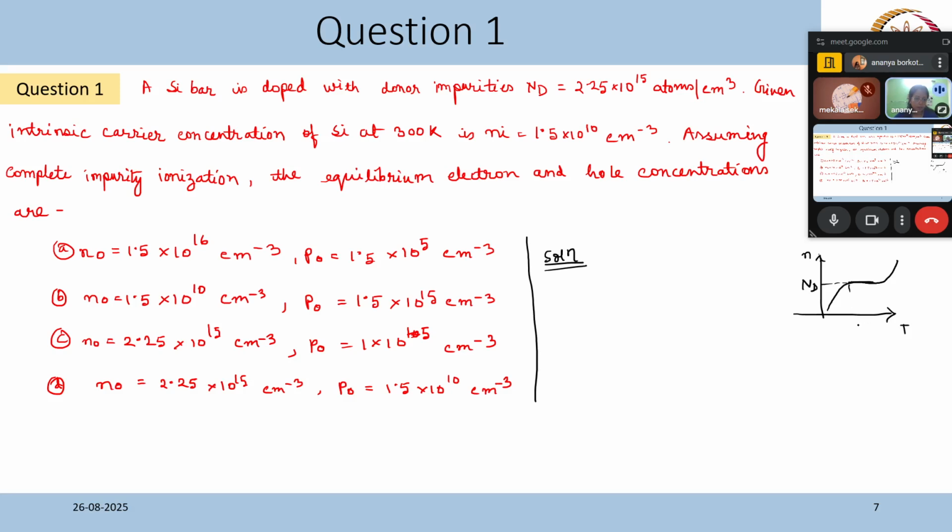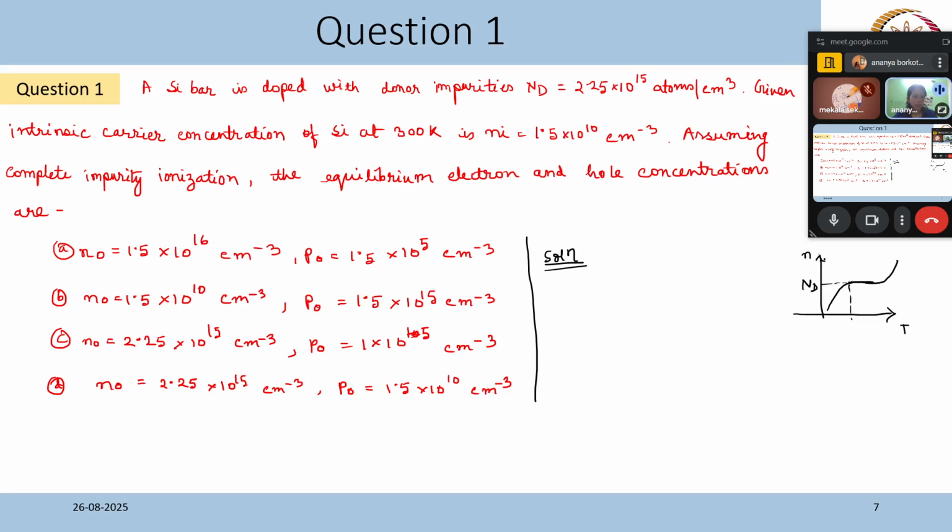The temperature at which complete ionization happens is important. If you are interested, you can check for different semiconductors when it happens for certain doping concentrations. Those graphs are given in the textbook, and you can find them on Google also.